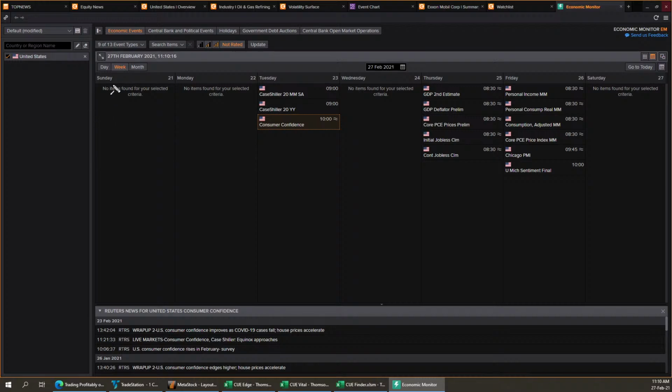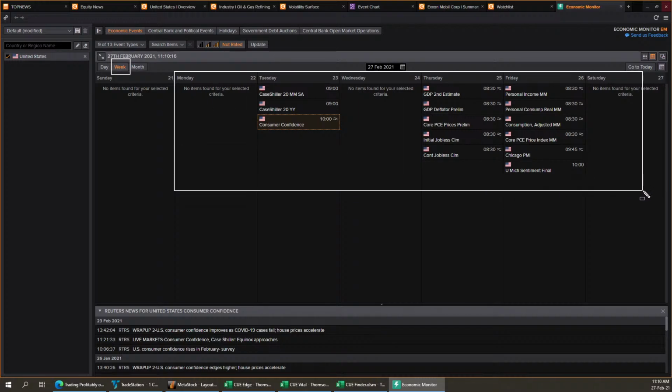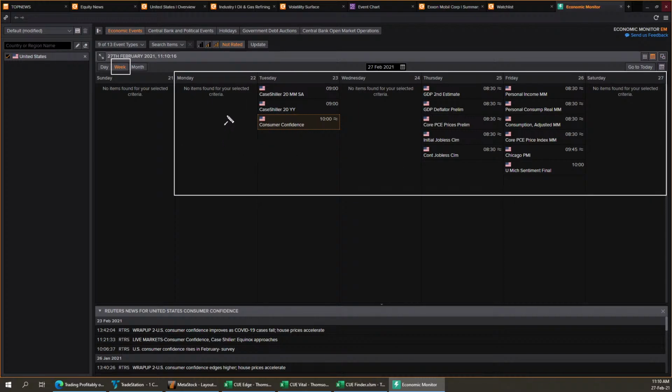During the weekend, I use the weekly view to see in the coming week what are the events that are coming. And as you can see, Case-Shiller is there on Tuesday, housing related, consumer confidence, some GDP information on Thursday, jobless claim also on Thursday, personal income, personal consumption, PMI and consumer sentiment data on Friday.